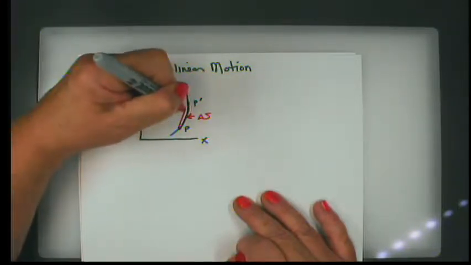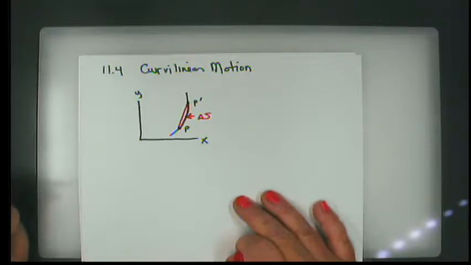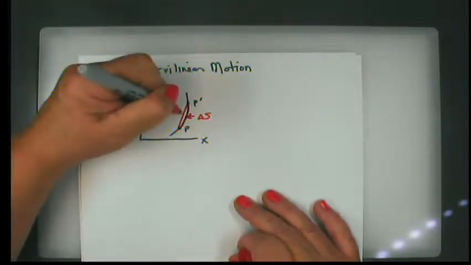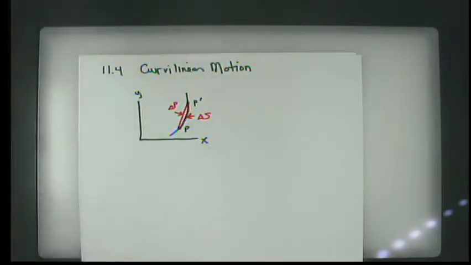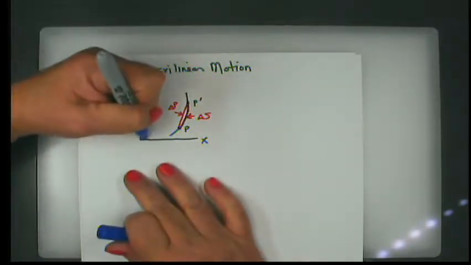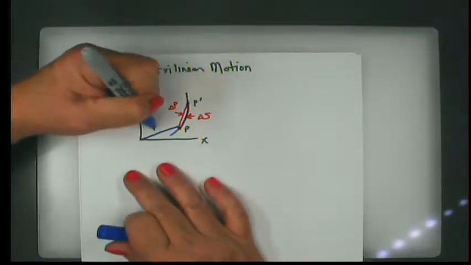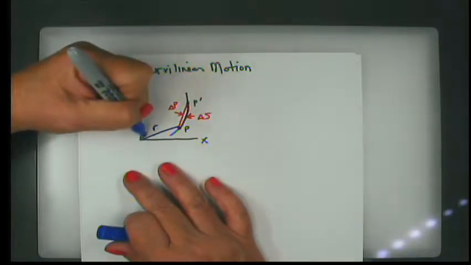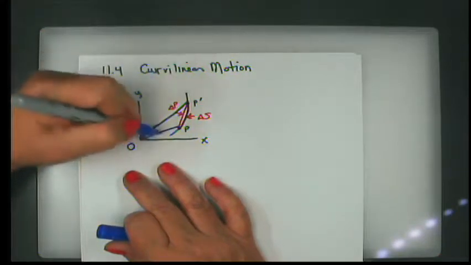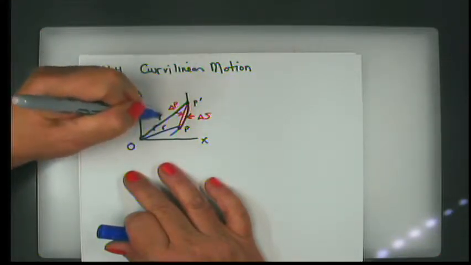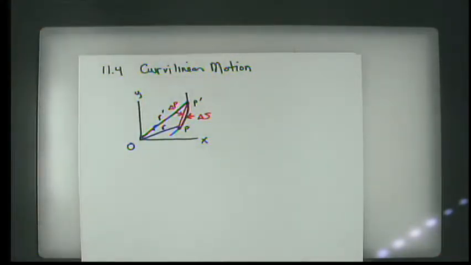And the distance that it moves in a straight line between P and P prime is referred to as delta p. And another way that we can think about it is the radius, the distance between the origin and the particle, as changing from r to r prime. Okay? So those are just three geometric ways that we can look at this.